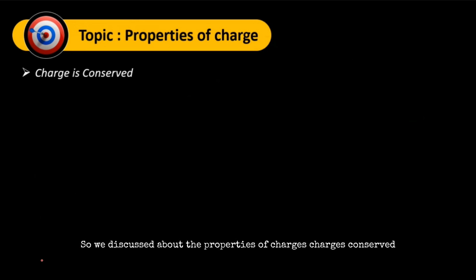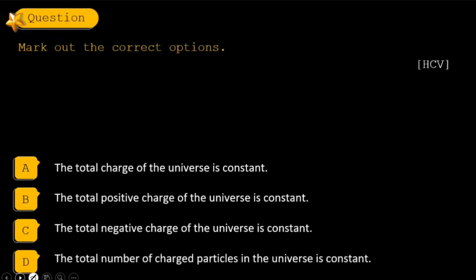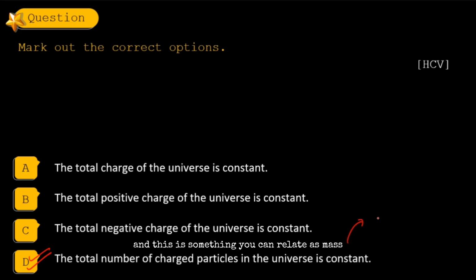So we discussed the properties of charges. Charge is conserved. Now just think of this question and mark out the wrong option. Which option is going to be wrong? The total number of charged particles in the universe is constant. And this is something you can relate to the mass of the universe being constant, because mass is something which we can relate with charge.